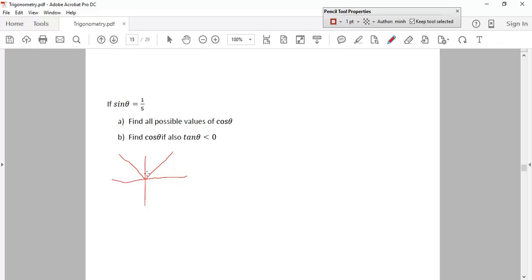So it's either going to be one of those two. So I'll just change color. Alright, so theta, and there's going to be theta there as well. So the height is 1, the radius is 5. Sorry, hypotenuse is 5.